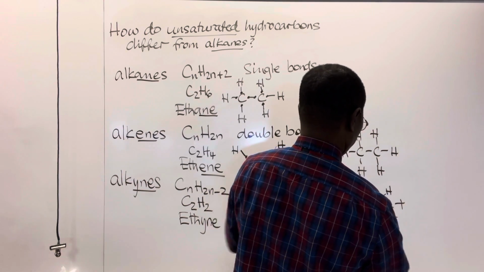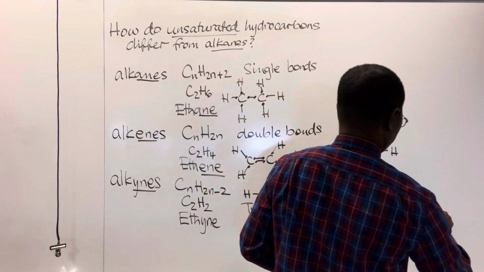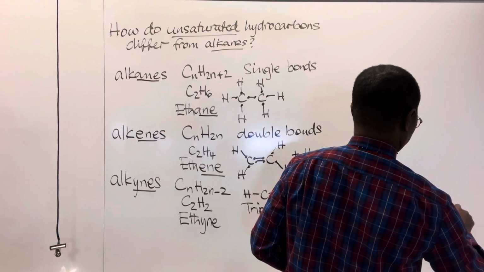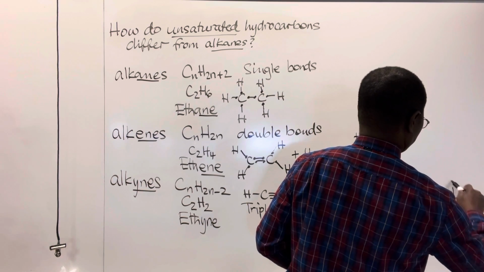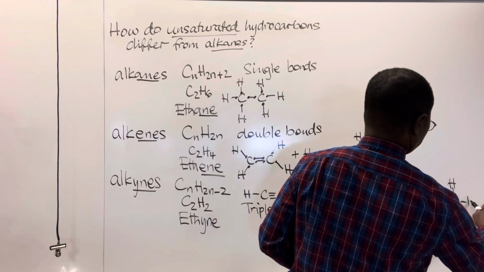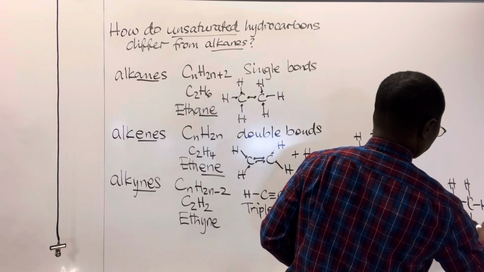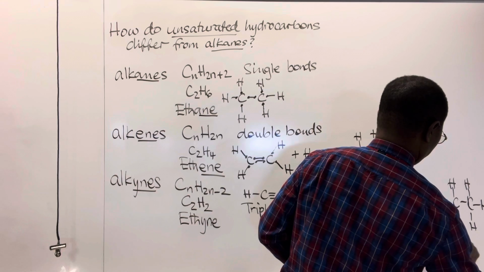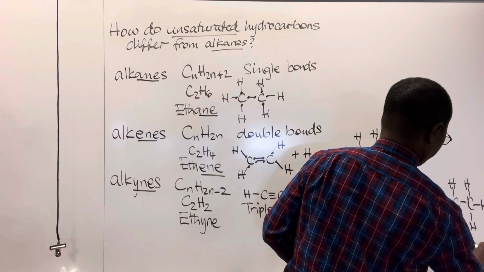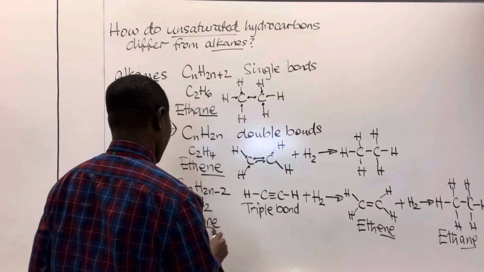Again, we can break the double bond by adding 2 more hydrogens, and now we get the saturated one, ethane. So this is ethane with an A, A-N-E, E-N-E, Y-N-E.